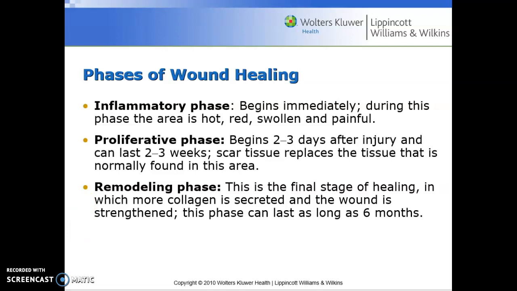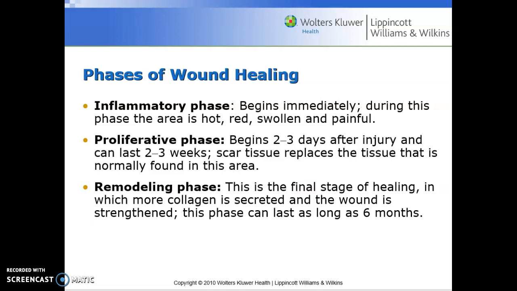Now we're going to talk about the proliferative phase. The proliferative phase begins 2 to 3 days after the injury has occurred, and it can last anywhere from 2 to 3 weeks in uncomplicated wounds, okay? Complicated wounds may stay in proliferative phase much longer.